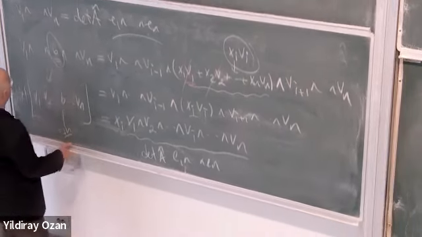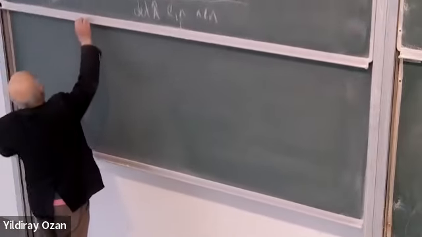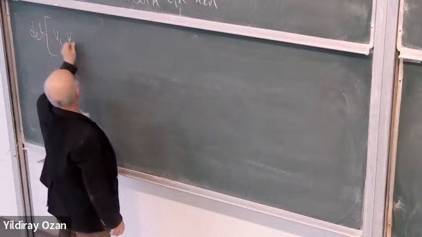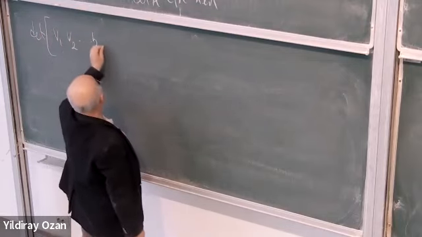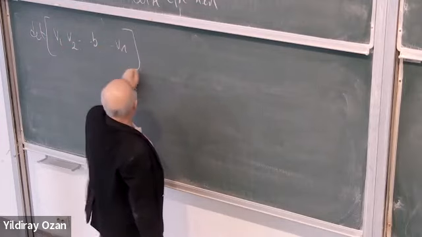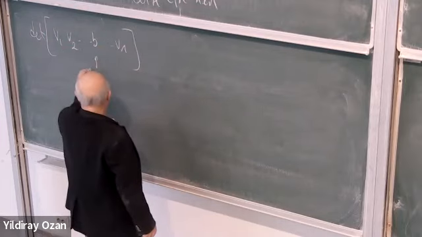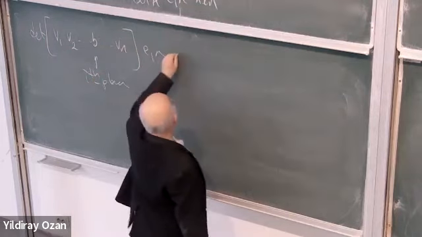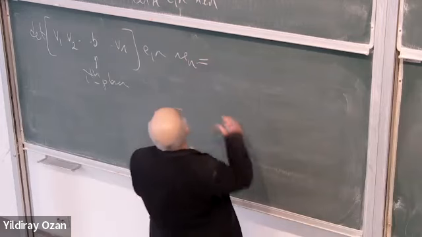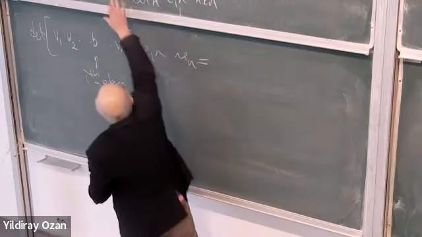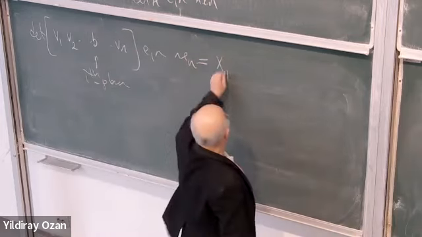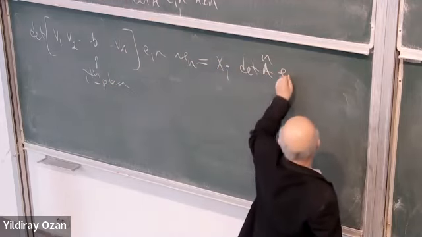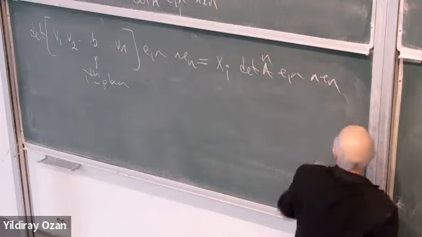So we have the following. Determinant of V1, V2, here I have V, Vn, so this is the ith place, times determinant of V1 up to En is equal to xi times determinant of A hat times E1 up to En.